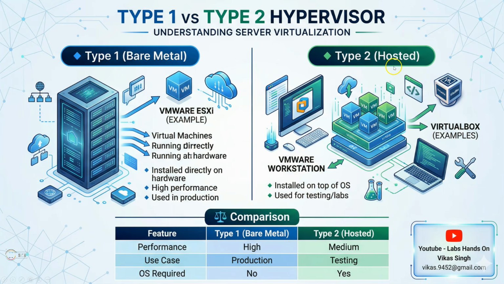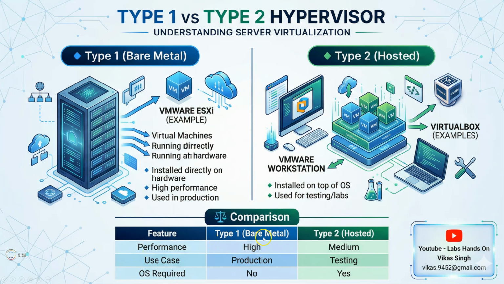However, Type 2 hypervisors are hosted hypervisors, such as VMware Workstation or VirtualBox, installed on top of an operating system as an application and used for testing or lab. So these are the comparisons between both hypervisors.